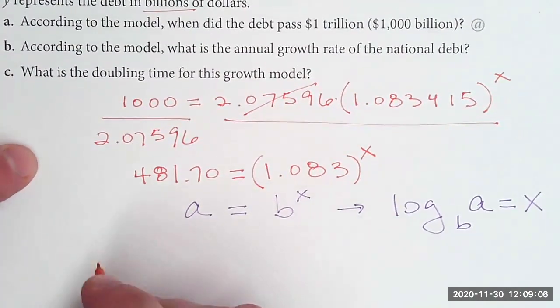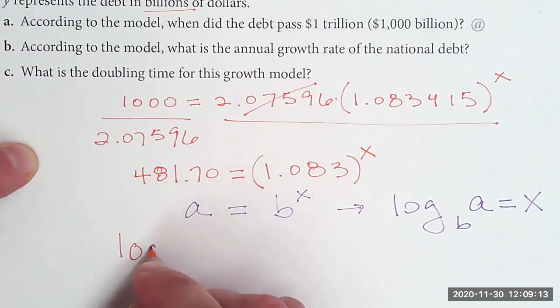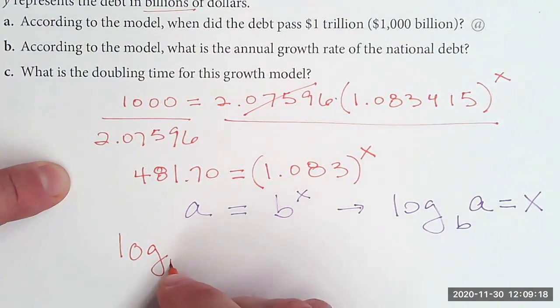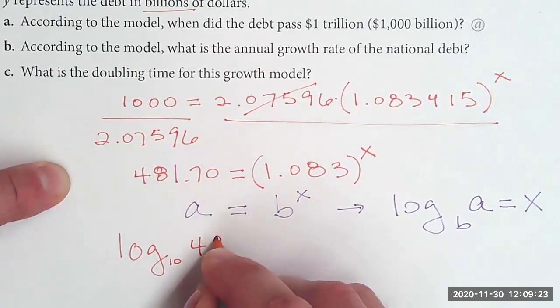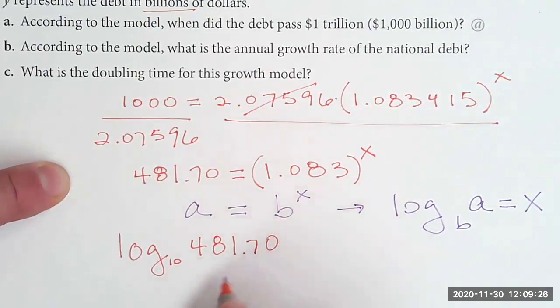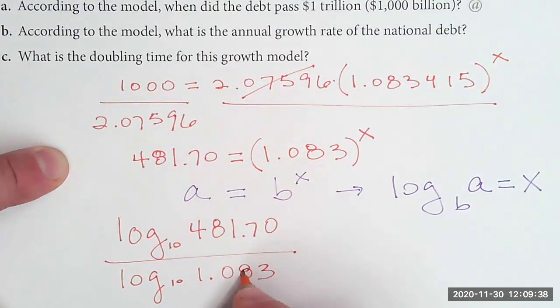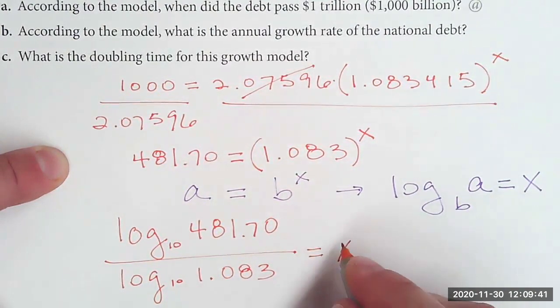So we can use base 10 or any other log base to write it as log base 10, or just plain old log, of our argument A divided by the log of our original base, and that's going to give us X.